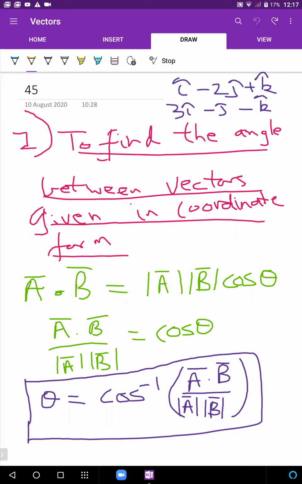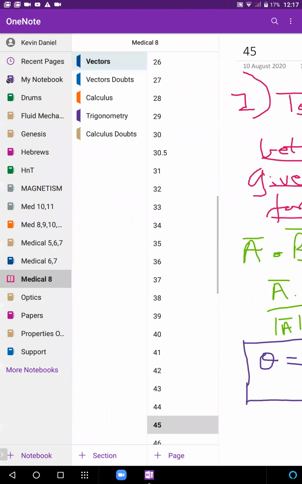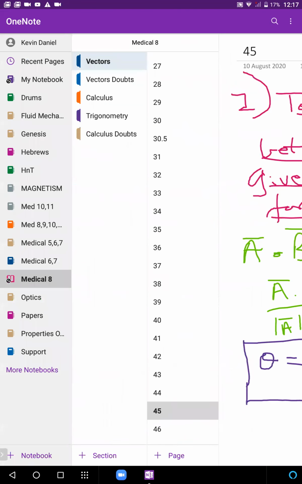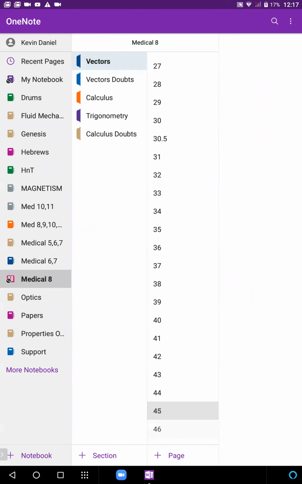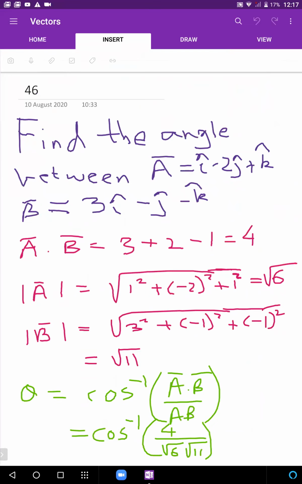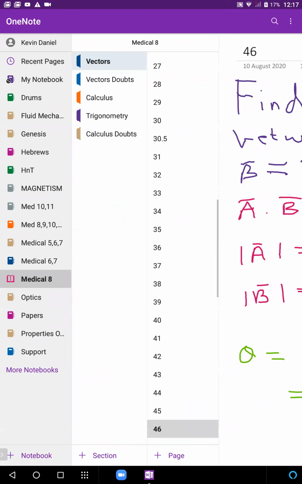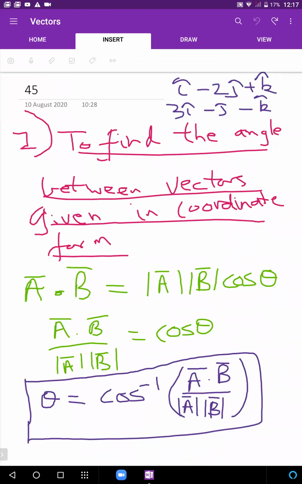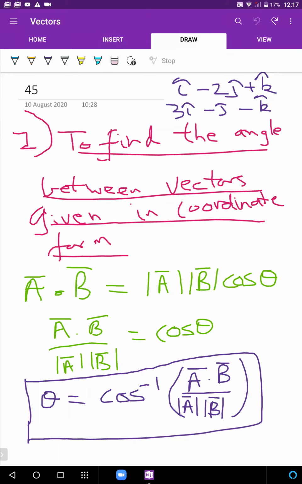Plug in those values and you'll get your answer. So just copy this. Let me just check one thing. One minute. Yeah, i minus 2j plus k, 3i minus j minus k. Okay, copy the two vectors I have written above, and find the angle between these two vectors. Try doing this. What will the angle between them be with this formula? Can you try that?